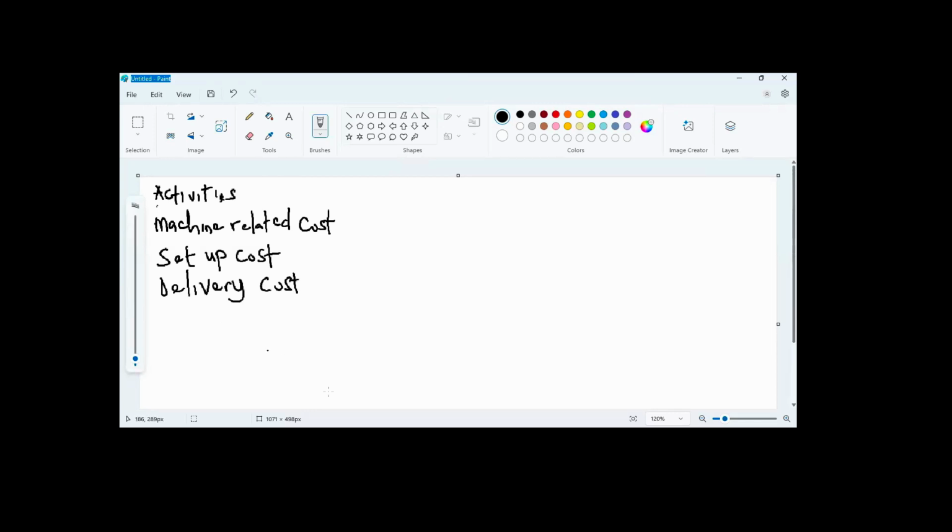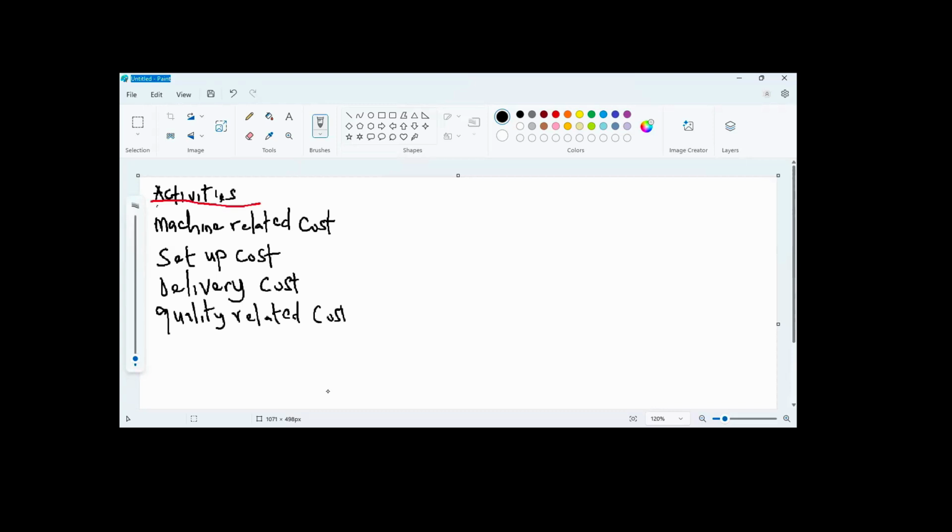The last one is what? Quality related costs. Look at the 4 activities. None of them is related to labor hours. We have taken the activities. Next, the cost pool.